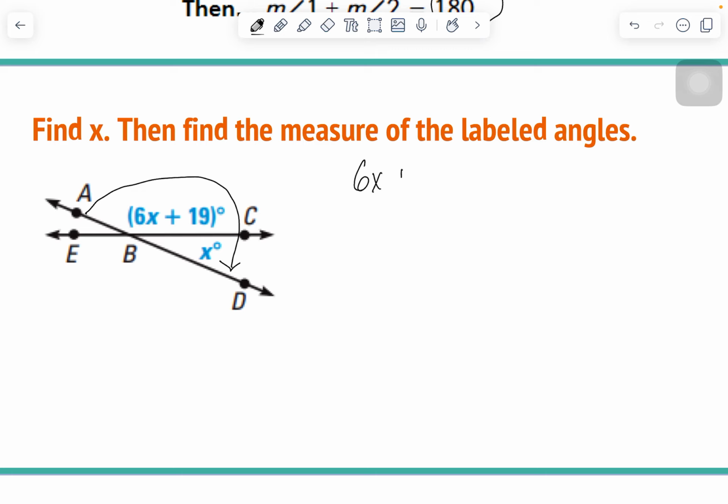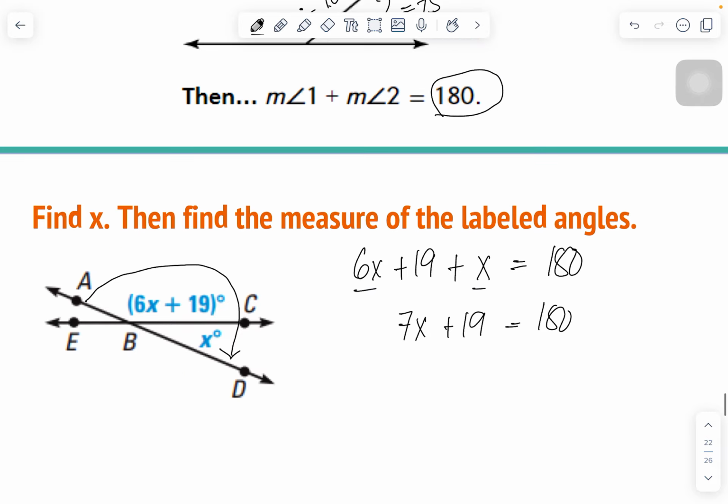So 6x plus 19 plus x is equal to 180 degrees. So let's combine like terms. 6x and x will give you 7x plus 19 equals 180.